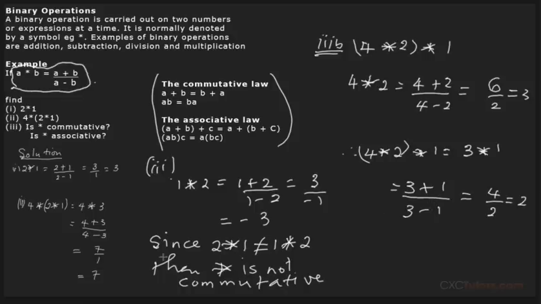Are the results equal? The answer is no. Just like we did before, since 4 star 2 in brackets star 1 is not equal to 4 star, and we have our 2 star 1 in brackets.